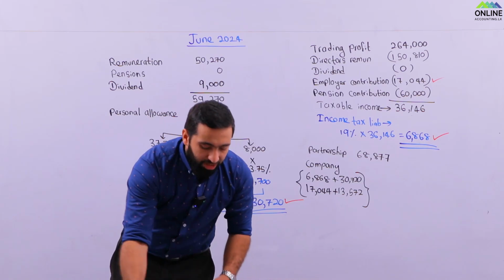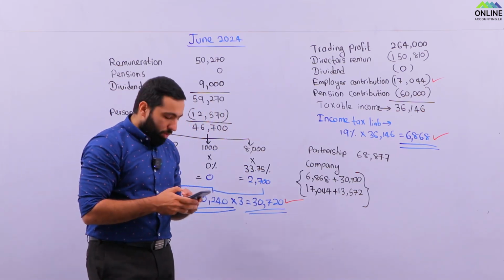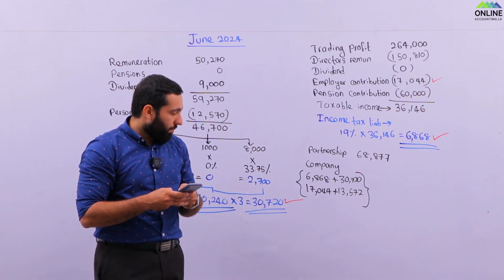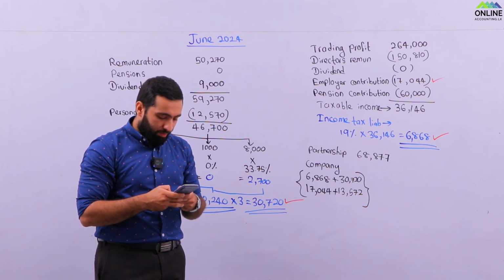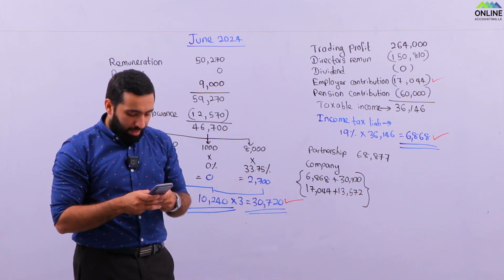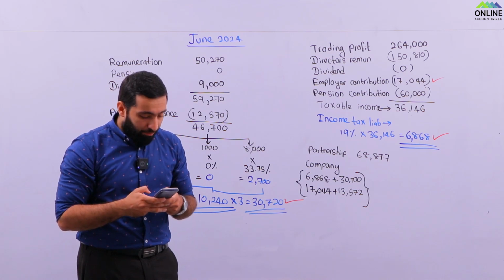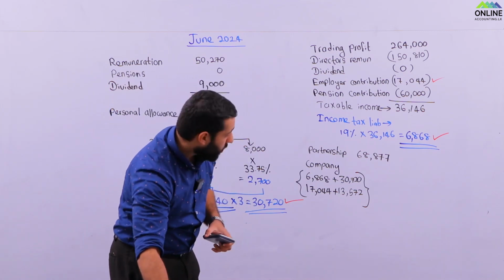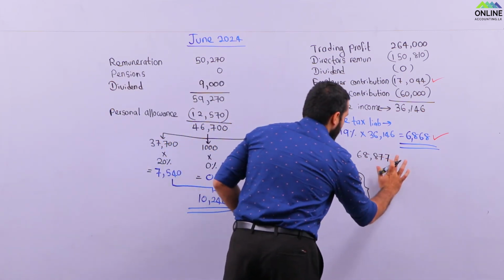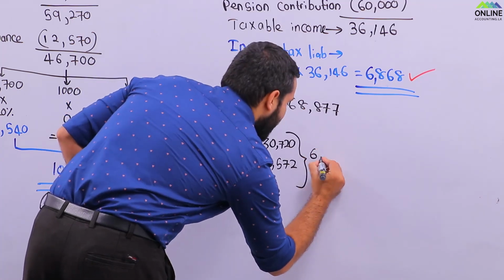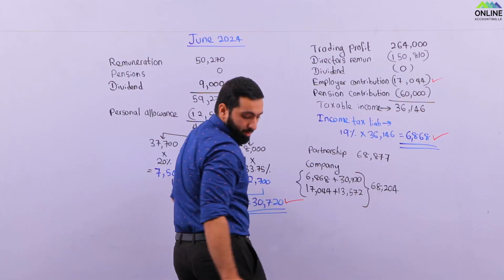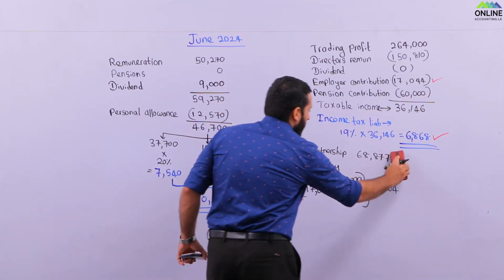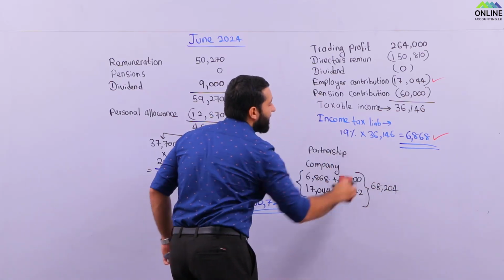So the addition of all of these, 6868 plus 30,720 plus 17,044 plus 13,572, will give you 68,204. And then what is this amount? 68,877.